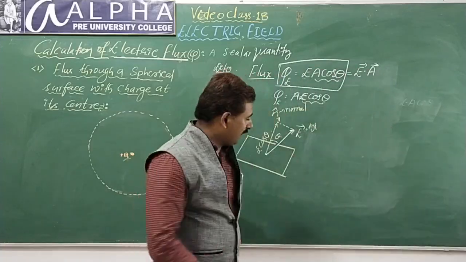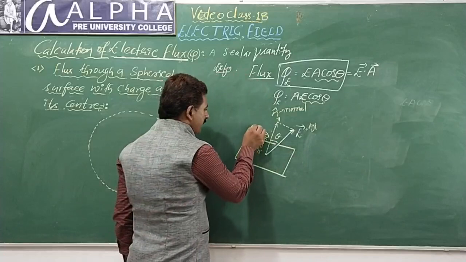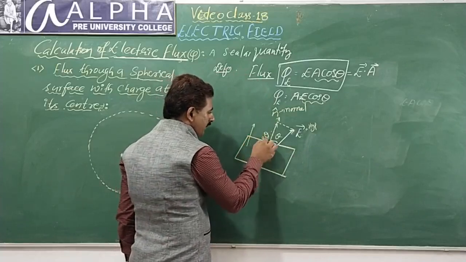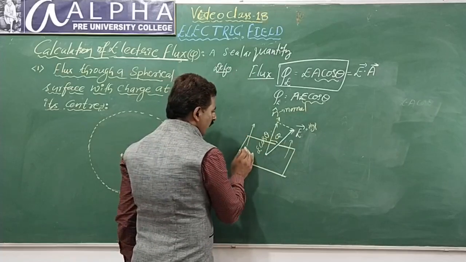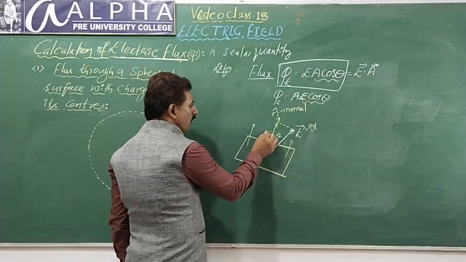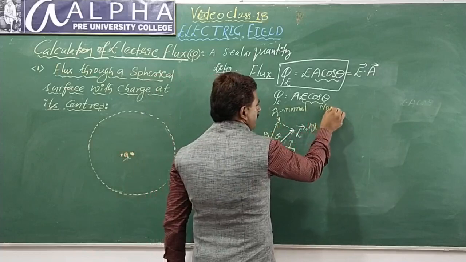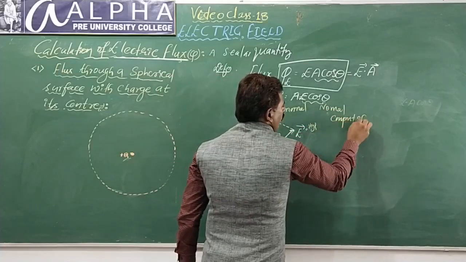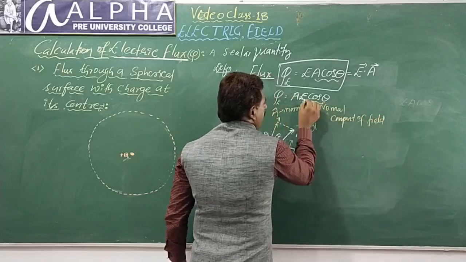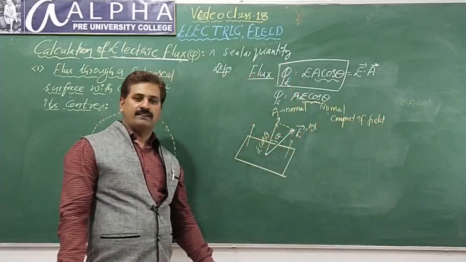Therefore, at every point in the area, the value of the field along the normal is E cos theta here, E cos theta here, E cos theta everywhere. The normal component is also called what? Normal component of the field. Normal component of field into area, that is flux.